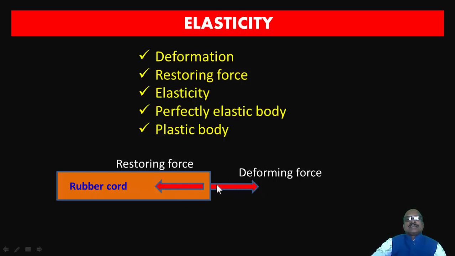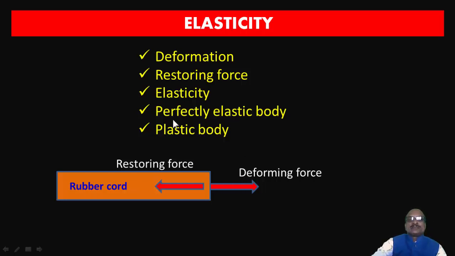Now let us see the definition of elasticity. Elasticity is nothing but the property of the material by virtue of which it restores or regains its original shape or size. As we have seen, we can deform the body, or change the shape and size of the material body, by applying the deforming forces.